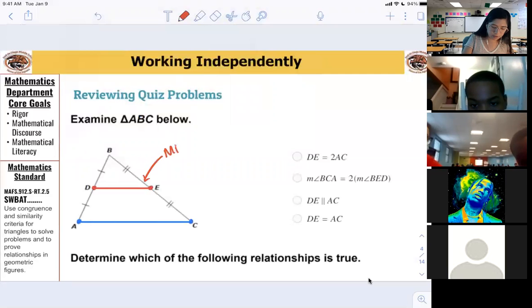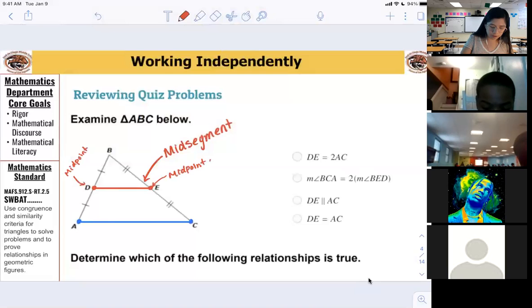Could you also say DA is congruent to BC? Oh no, I mean AD is congruent to DB. Yes. So those little tick marks are telling me that these two are the same and then the other two are the same. So that's how you know that it is the mid segment, because D is the midpoint of AB and E is the midpoint of BC.